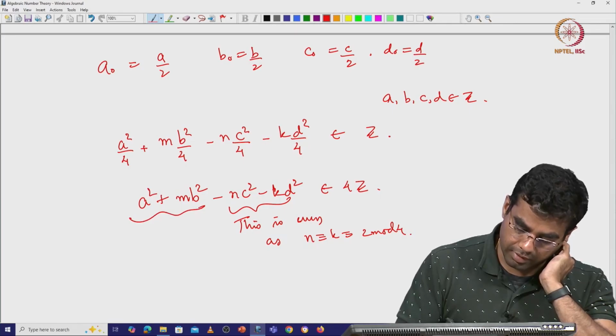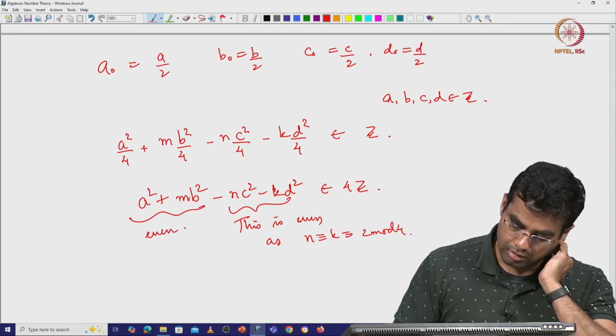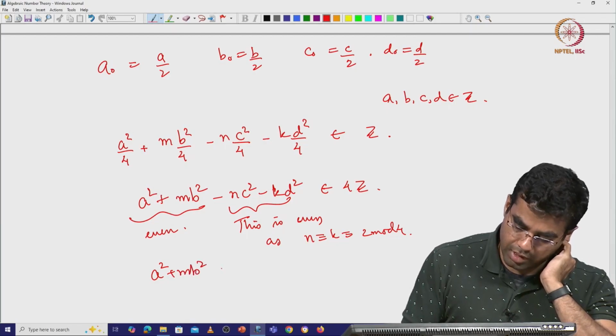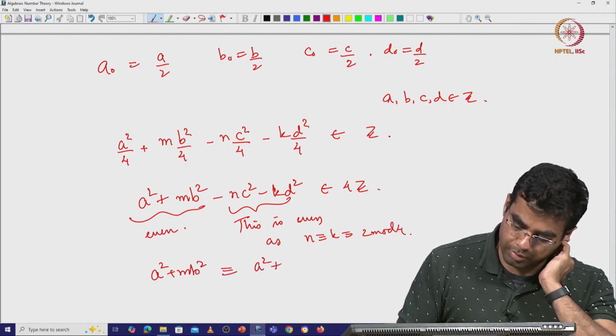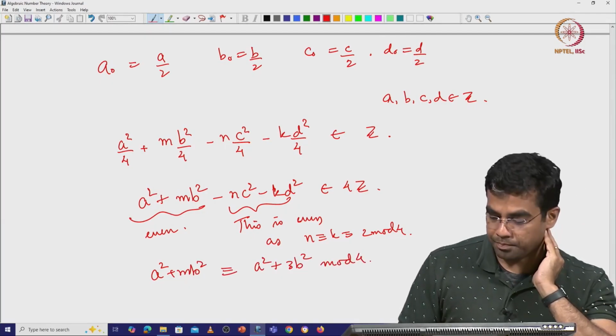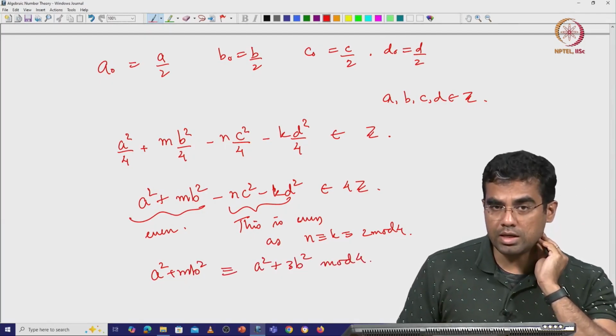So, this is even, and this is, so a square plus m b square is congruent to a square plus 3 b square mod 4. In particular, this is even.